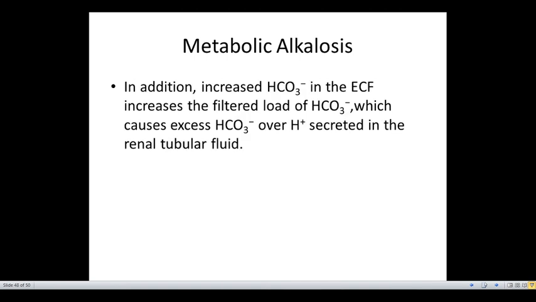In addition, increased bicarbonate ion in the extracellular fluid increases the filtered load of bicarbonate ions, which causes excess bicarbonate ions over hydrogen ions secreted in the renal tubular fluid.